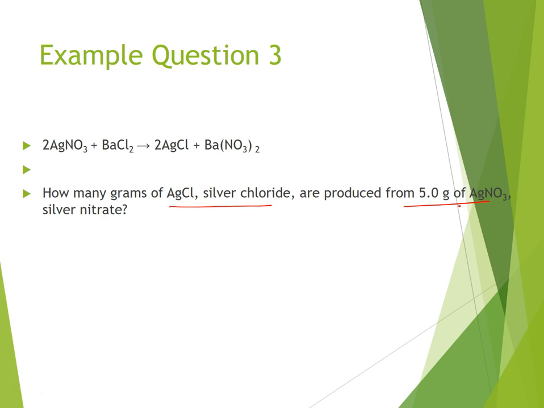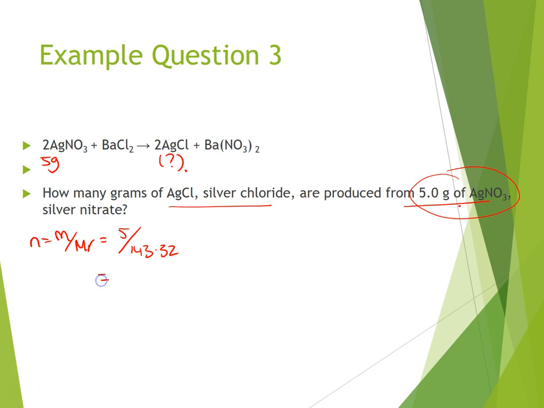Remember, the first thing we're going to do is find each of our knowns. In this case, our known is silver nitrate. So we've got 5 grams of silver nitrate, and we want to find the grams of silver chloride. So n is equal to m/Mr, which is going to equal 5 divided by 143.32.